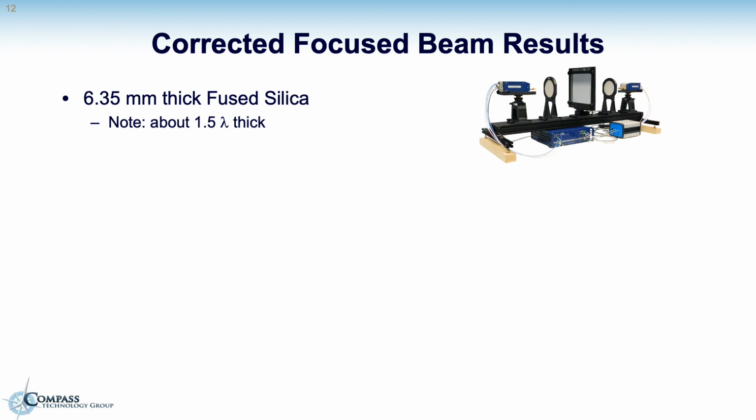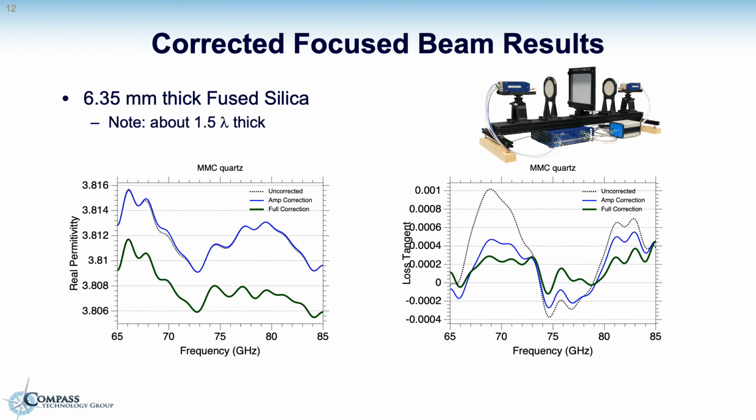Again, we have two plots, the real permittivity on the left and the loss tangent on the right, both as a function of frequency. The uncorrected data in both of these plots is the thin dashed line. The amplitude correction based on both the beam shift and the focusing error is the blue line. And then when we also include the phase correction that comes from the beam shift, that's the full correction line, which is in green on both of these plots. As you can see, the phase correction does have an effect on the real permittivity.